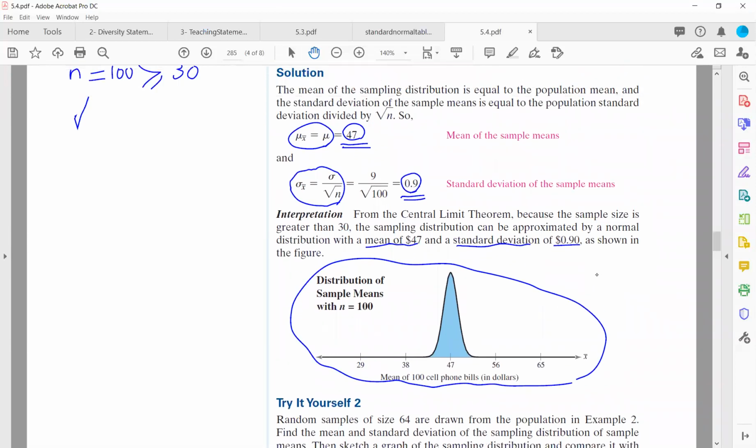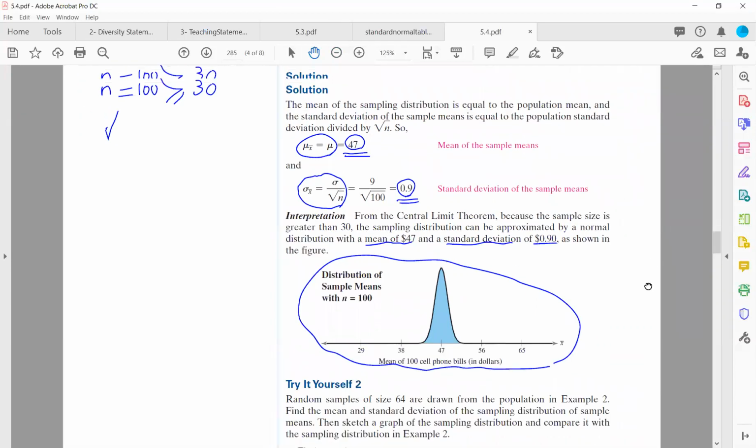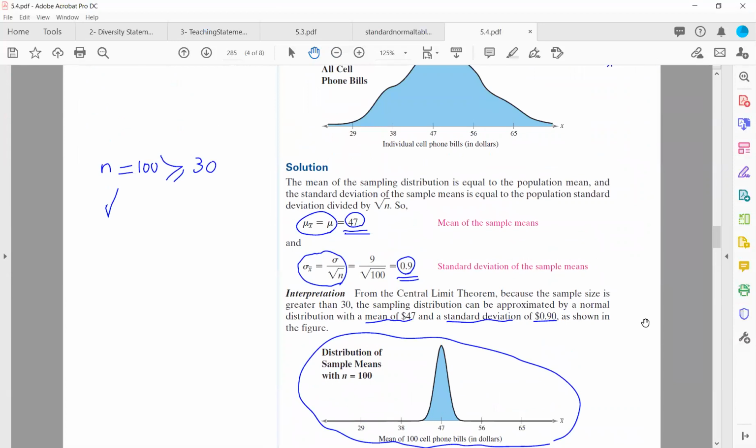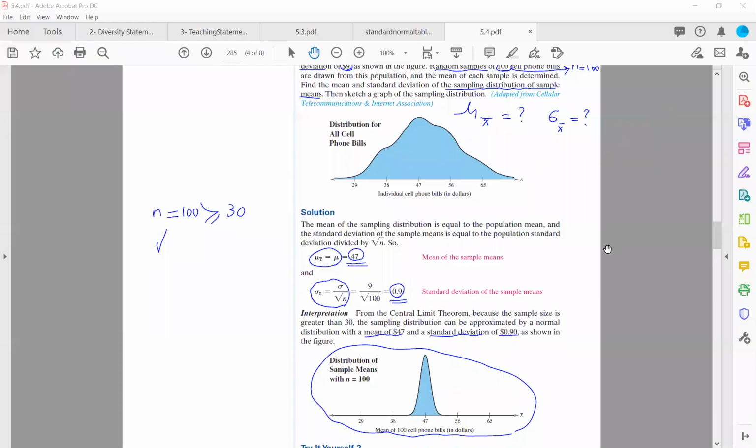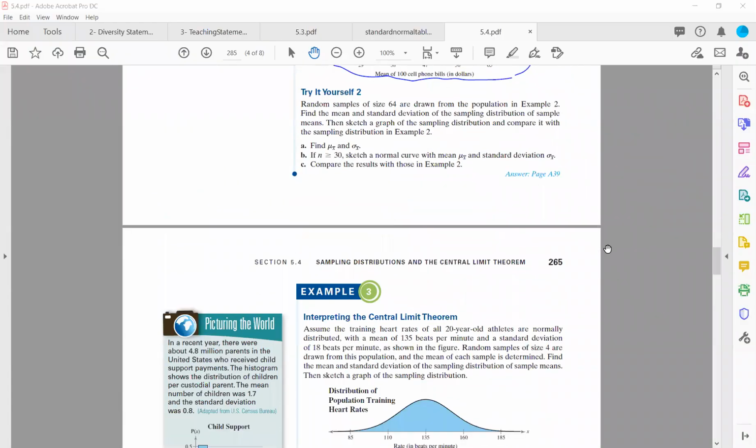The mean is 47, and the standard deviation of the sampling distribution of the means is smaller than the standard deviation of your population. That's why you see less spread in your sampling distribution of the means. Very well. Next.